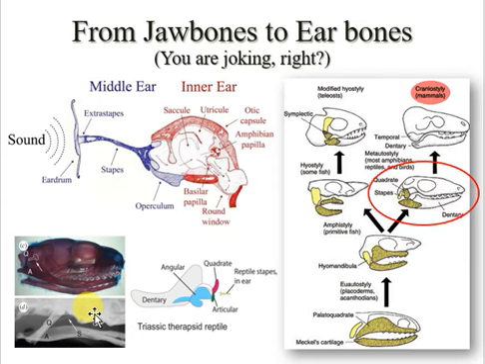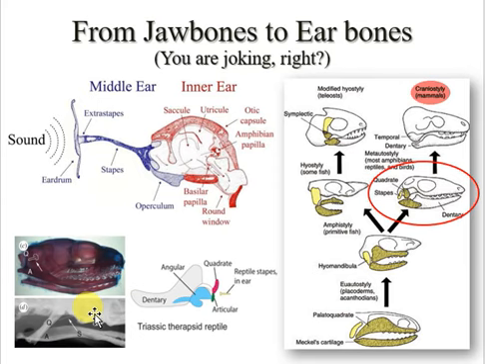That's what it allowed for. Because the bone was now fused with the skull, it no longer needed a brace. So the hyomandibular bone, remember that was the brace for that early quadrate bone, lost its function for supporting the quadrate bone, which is very sad.